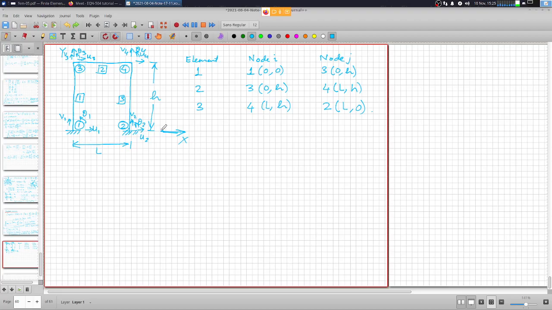Node 2 is also rigidly anchored, so all these 3 degrees of freedom, they vanish, right? So full fixity at nodes 1 and 2, this is the boundary condition.